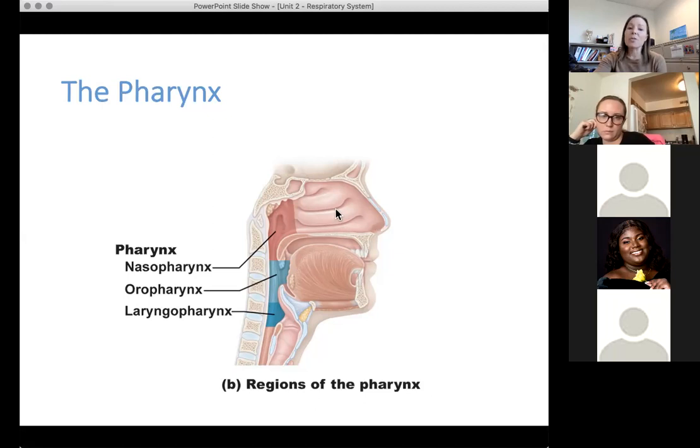What is passing through the nasopharynx? What normally goes in through your nostrils and through your nasal cavity and through here? Air, yeah. So normally this is just a passageway for air.